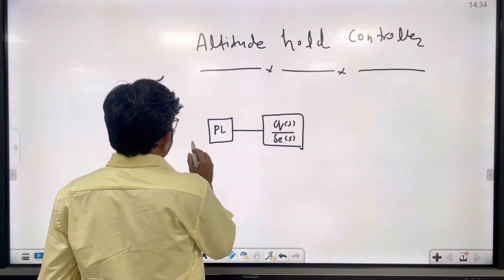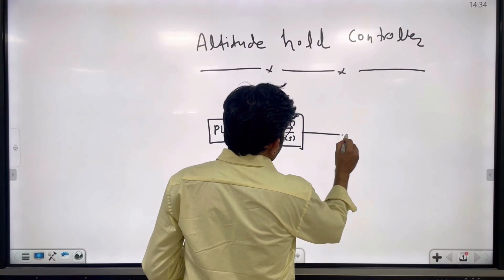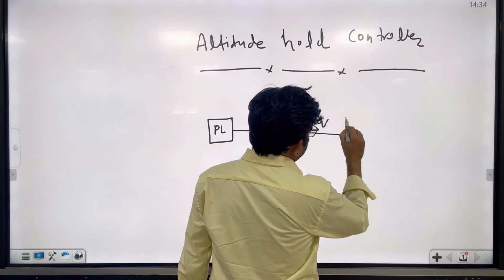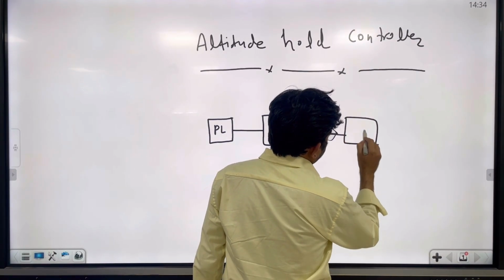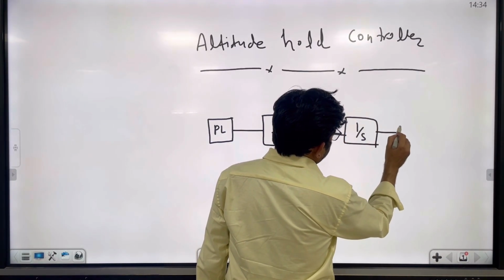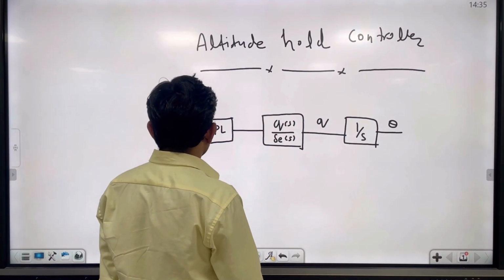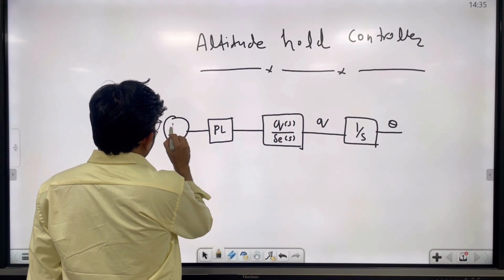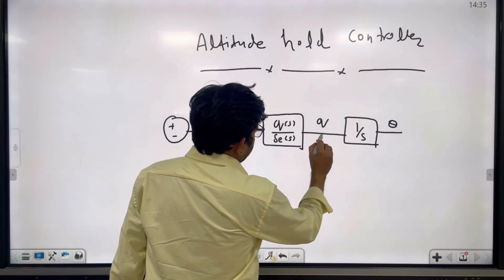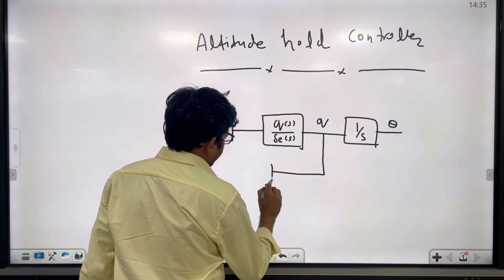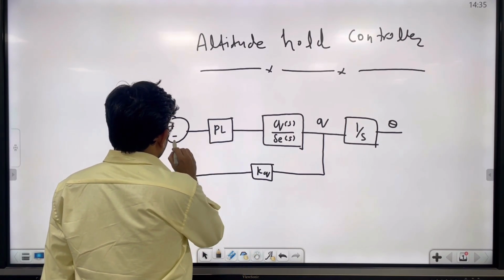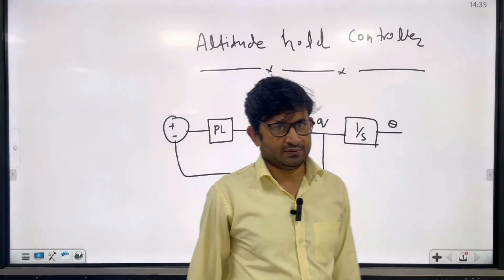Okay, now finally q will come and you will integrate, you will get theta. Okay, and here what you can do, you can take a feedback of q and multiply by the gain Kq to stabilize first.